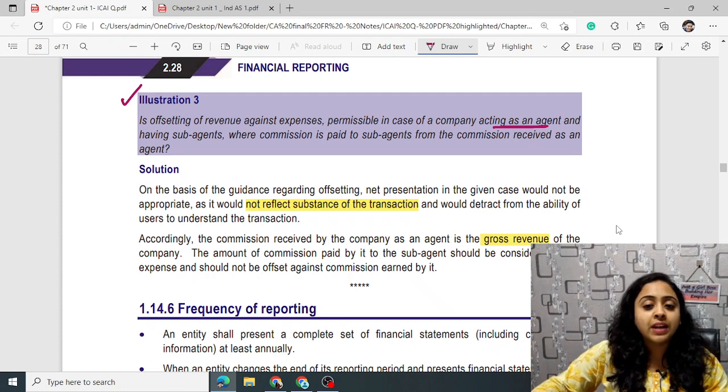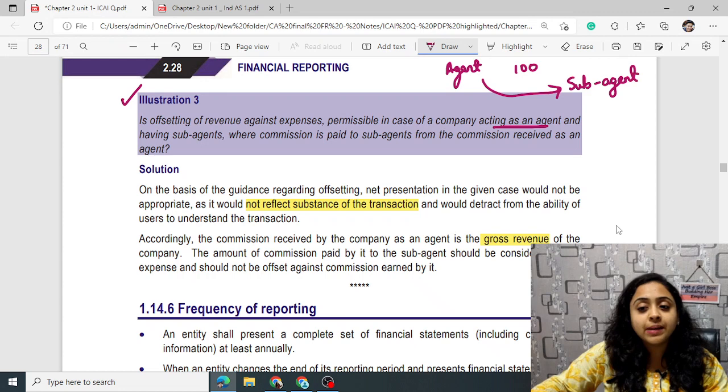For example, you are an agent and you are receiving 100 rupees. Further, you are diverting the same work to a sub-agent and providing them 75 rupees. So this is your income and this is your expense.